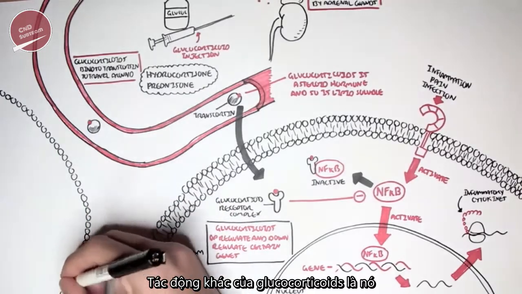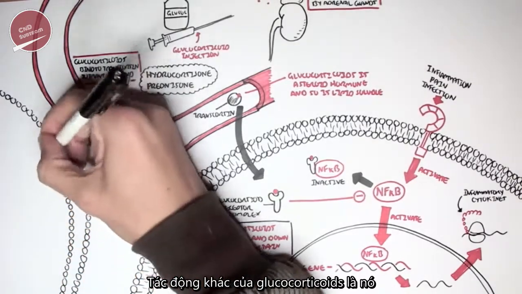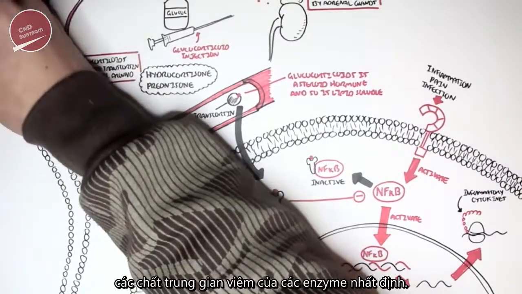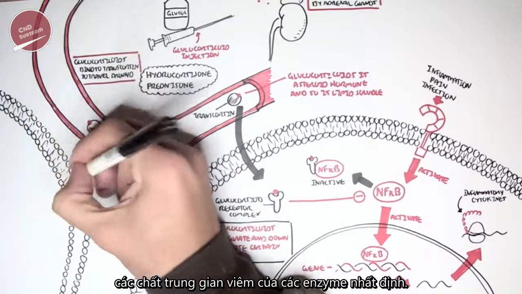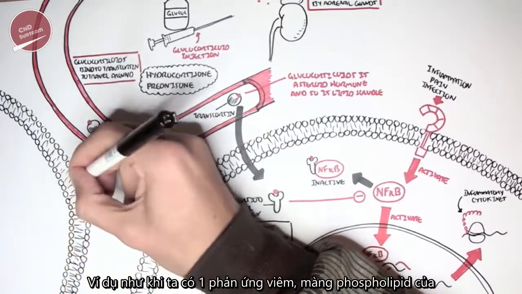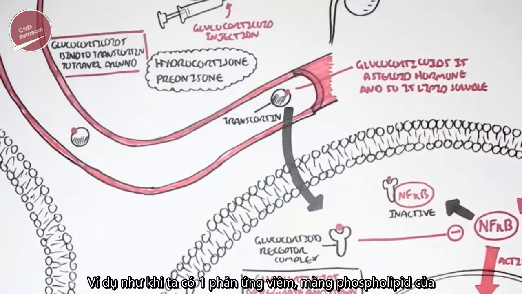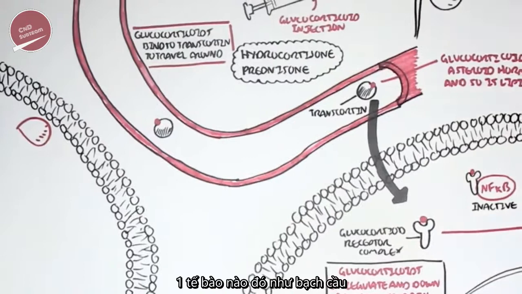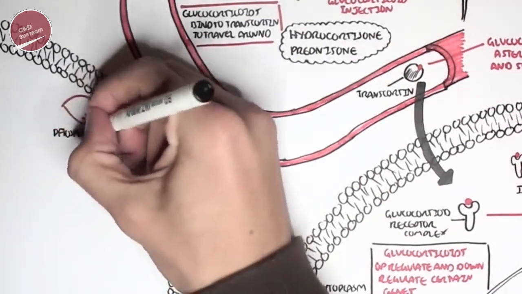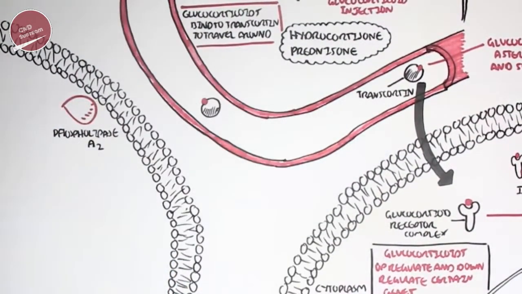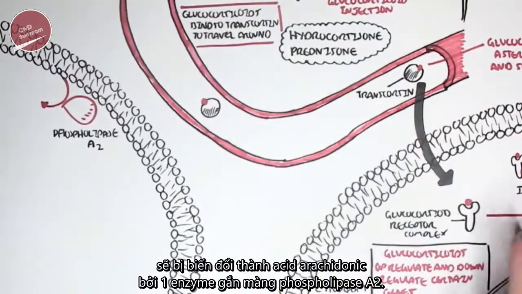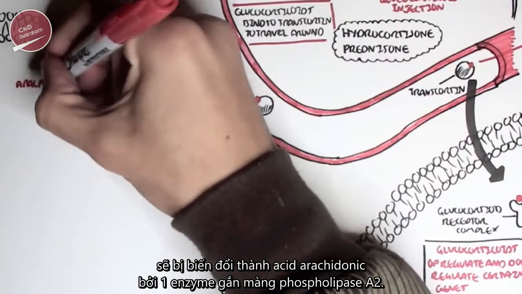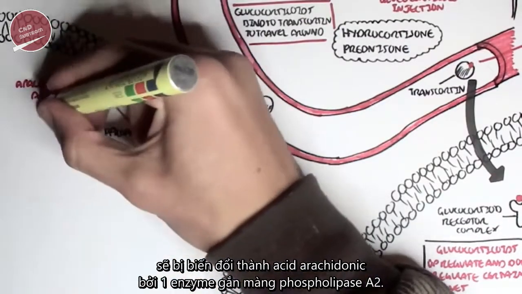Another thing glucocorticoids will do is inhibit the formation of inflammatory mediators carried out by certain enzymes. An example of this is that when we have an inflammatory response, the phospholipid membrane of certain cells, such as white blood cells, will be converted to arachidonic acid by a membrane-bound enzyme, phospholipase A2.